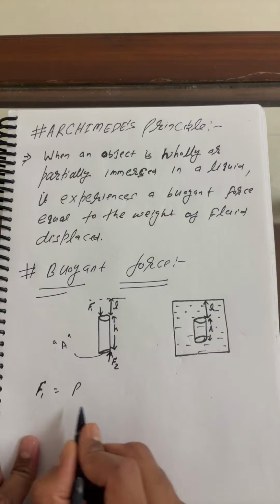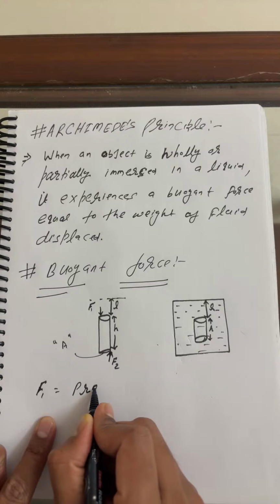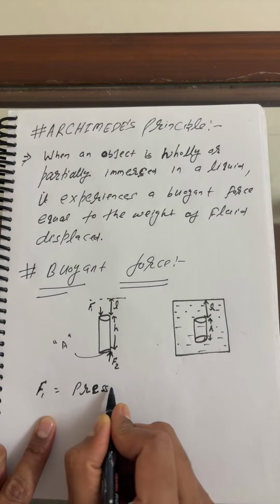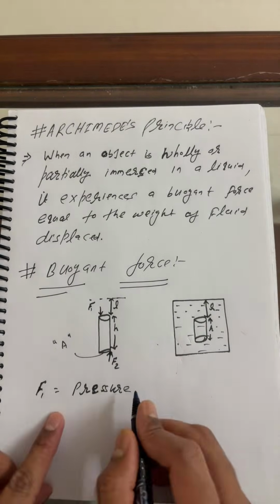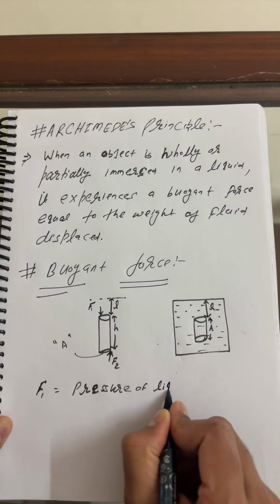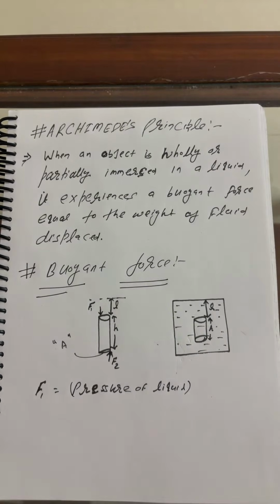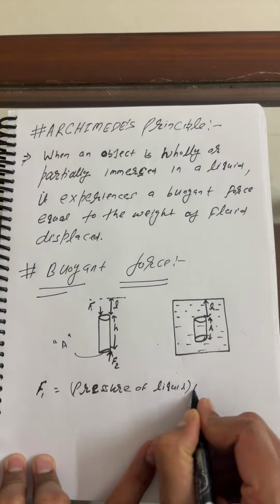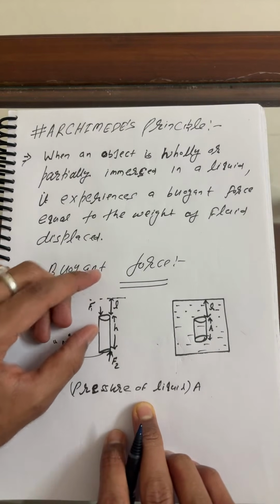So F1 is the pressure of the liquid into the area. This much pressure is due to the liquid.